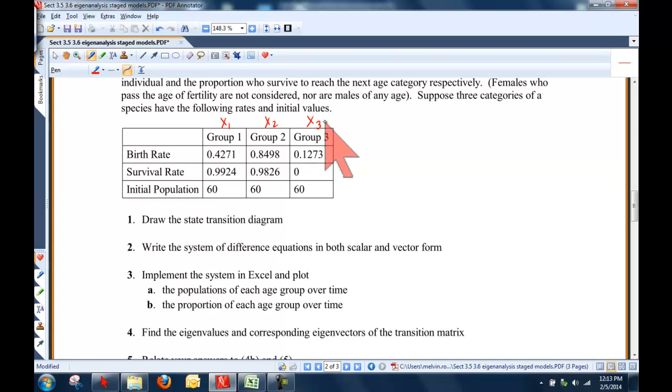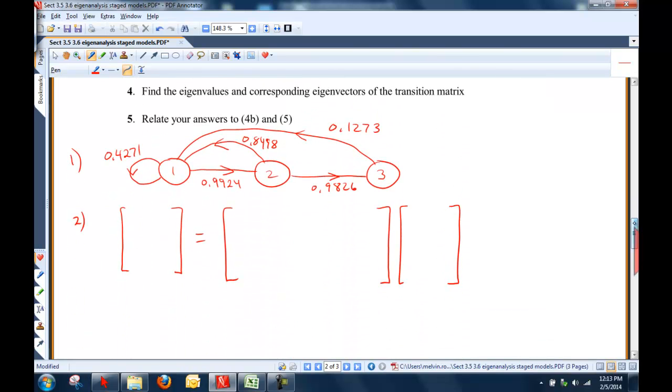And now notice that there is a notation conflict. We have been using x sub 1, x sub 2, x sub 3 to indicate the population at successive time steps. This is not time step, this is group number, but I also want to talk about time steps, so maybe now would be a good time to switch back to the function form like this. x1 of n plus 1, x2 of n plus 1, x3 of n plus 1.